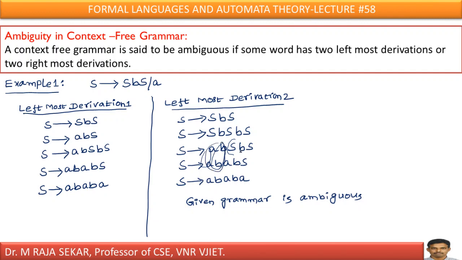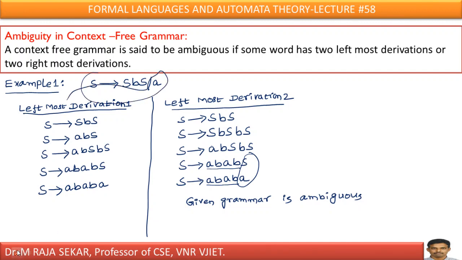There is a production S goes to A. Just see, in the place of S, I can write A. BS I am copying as it is. Now what happens? I am copying AB. In the place of S, there is a production which says S goes to A.